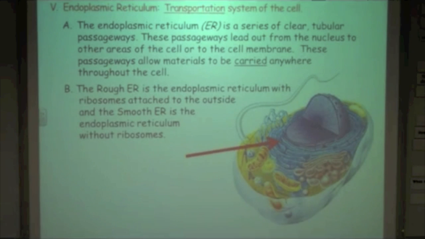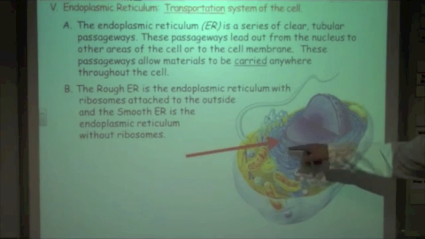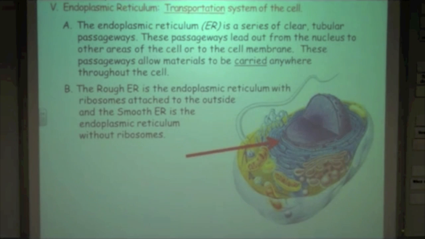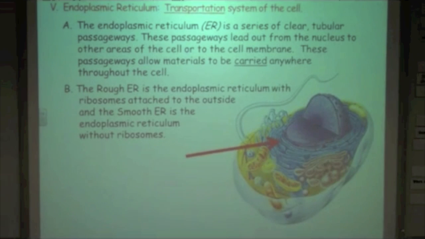Really, the only difference between the two is rough endoplasmic reticulum has the ribosomes all over it, whereas the smooth endoplasmic reticulum does not have ribosomes on the outside of it. But the endoplasmic reticulum is the transportation system of the cell, the hallways of the cell, how things get from one spot to another inside of the cell.